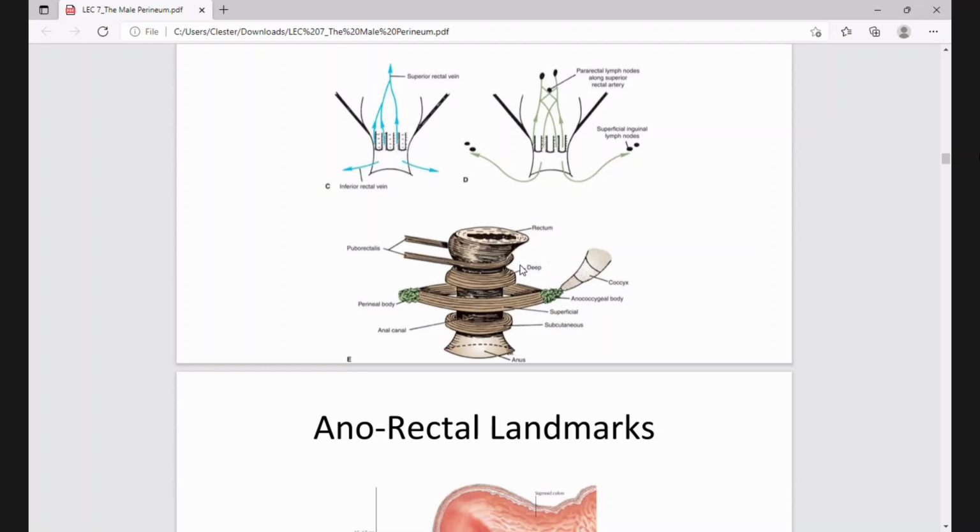Also in this picture, I would like you to look at this fiber of muscle. This is the puborectalis muscle. Where did you encounter the puborectalis in your lecture? It's part of the levator ani muscle.